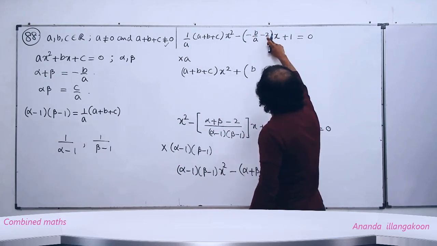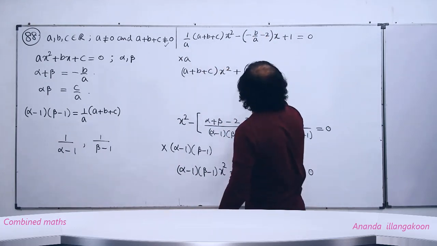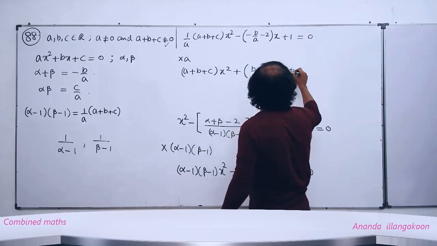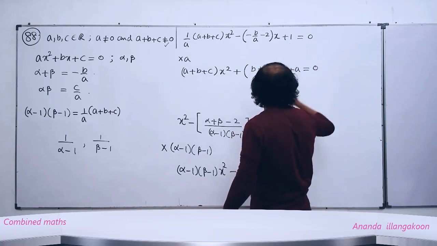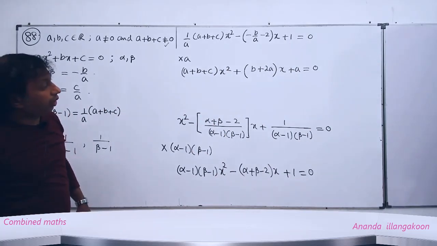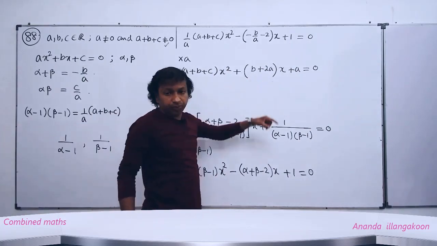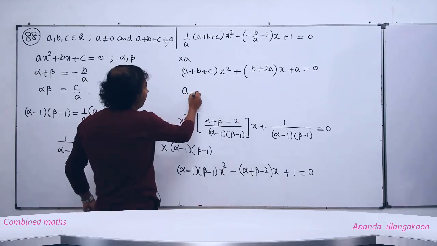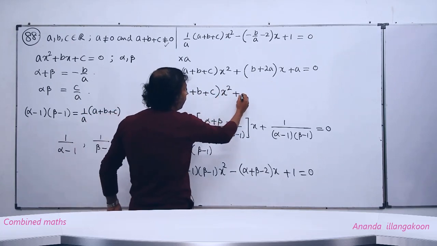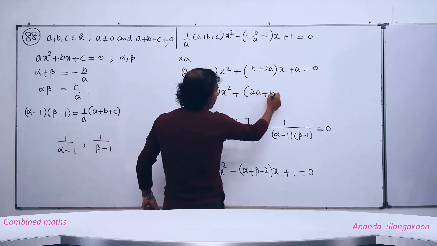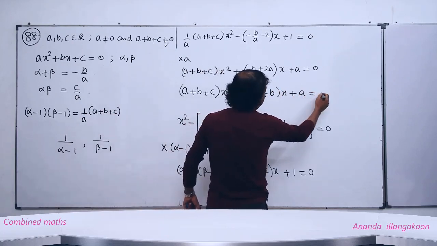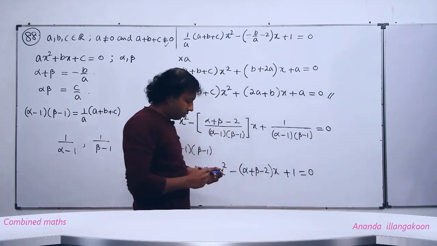When you multiply this 2 by a, that will be plus 2a times 6. And here a equals 0. Right, b plus 2a I can write as 2a plus b. So a plus b plus c times x squared plus 2a plus b times 6 plus c equals 0. This is the equation.